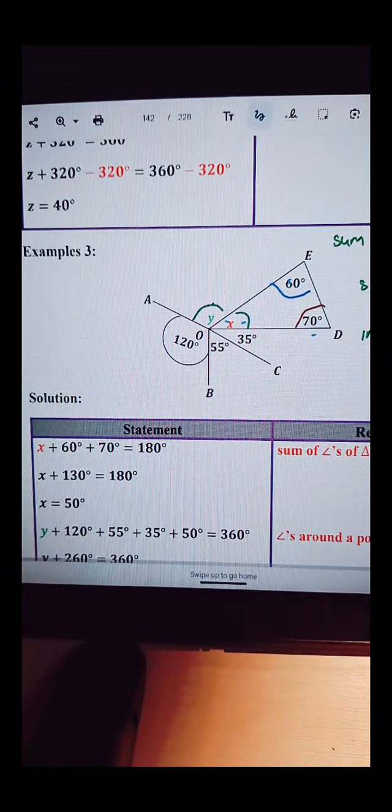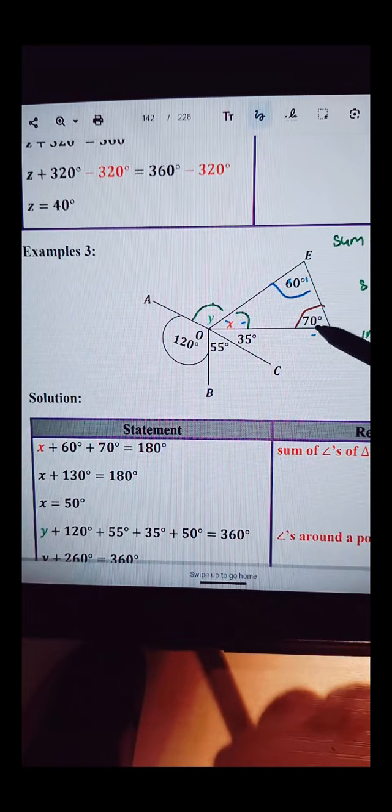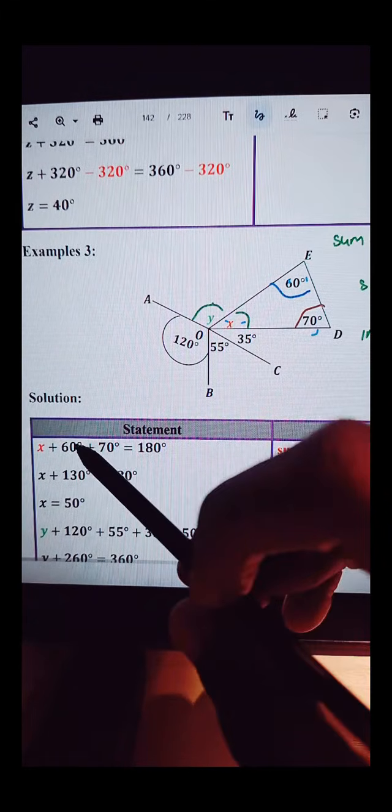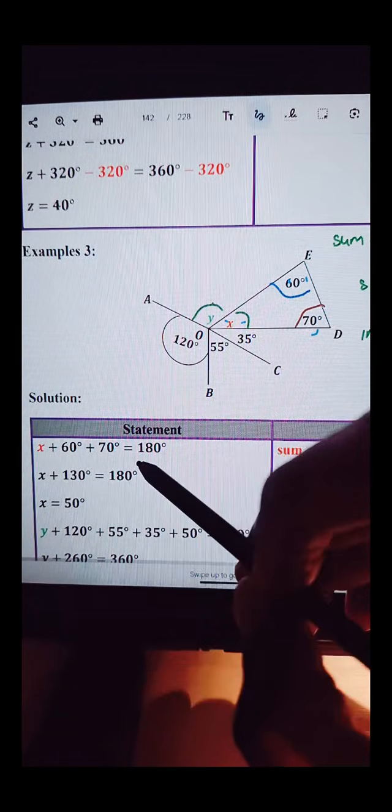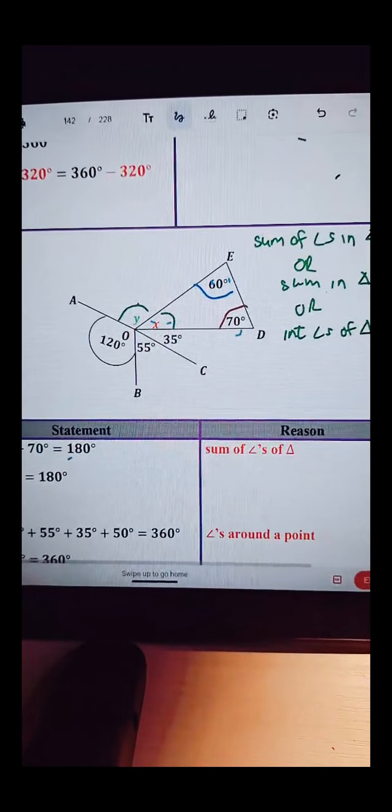So what do you know about the angles of a triangle? You know that the sum of the angles of a triangle is equal to 180. In other words, the angles of a triangle are supplementary. So 60 plus 70 plus x equals 180. What's the reason?